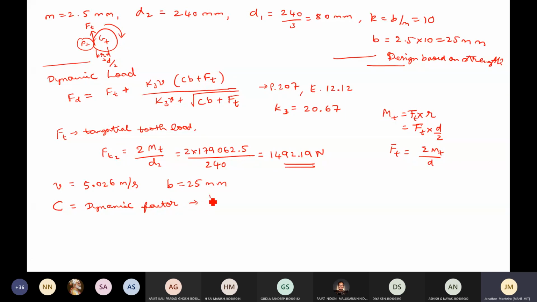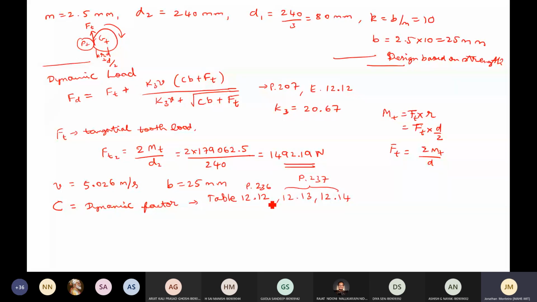So let us go to table 12.12. And it is not simply one table, you have to go through 3 different tables here. So 12.13 also and 12.14. These are in page 236 and these are in page 237.